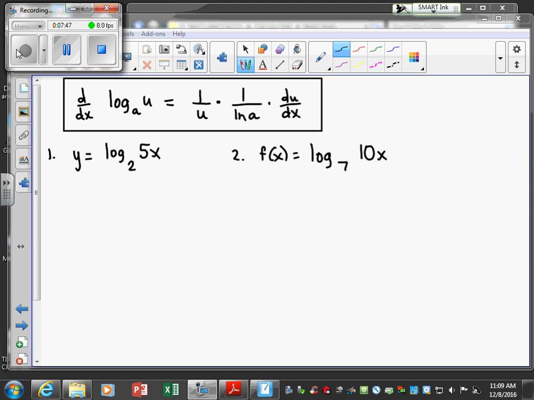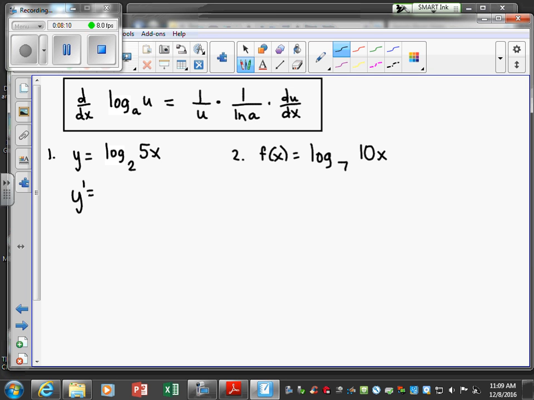Okay, we'll look at some logarithms. So the derivative of a logarithm is just going to be 1 over u times 1 over the natural log of a times du dx. All right, so we'll have two examples to go with here. Y prime is going to equal 1 over u.